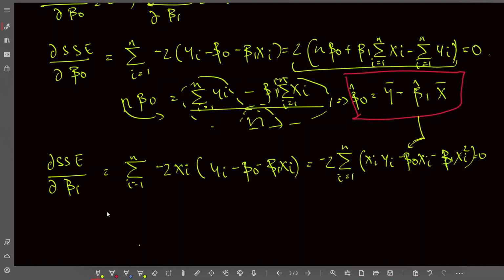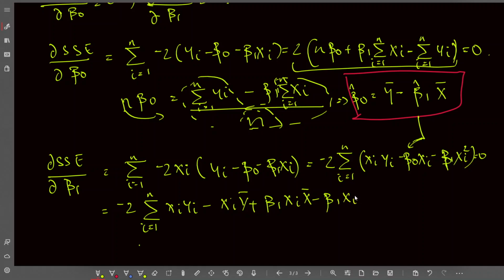I'm going to expand this and write it as, I'm also calculating this in my head, so it's a little slow, minus 2, I'll bring the 2 outside, summation i equals 1 to n of x_i y_i minus x_i y bar plus beta 1 x_i x bar minus beta 1 x_i squared.